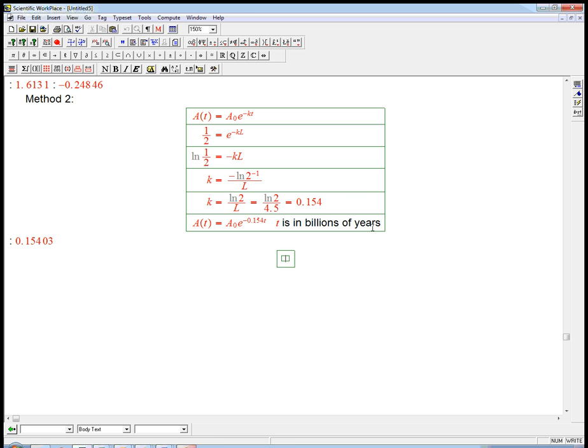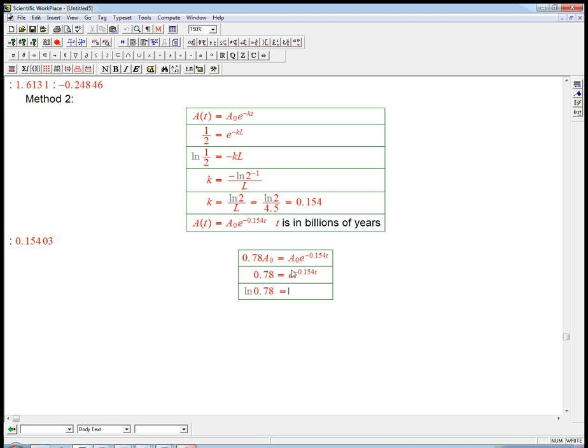Start a new thing. So now we go back to 0.78 A naught. Now we're not talking about 1/2. We're talking about 0.78. 0.78 A naught is A naught times e to the minus 0.154t. Okay. And so 0.78 equals just the e part. We're just canceling out the A naughts. And I take the ln of both sides.